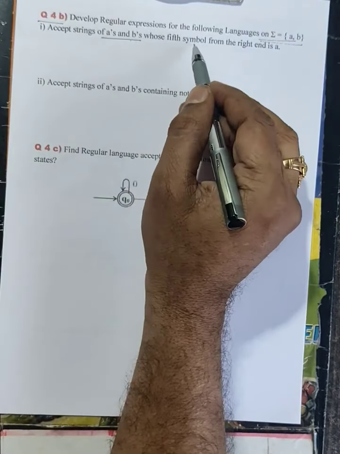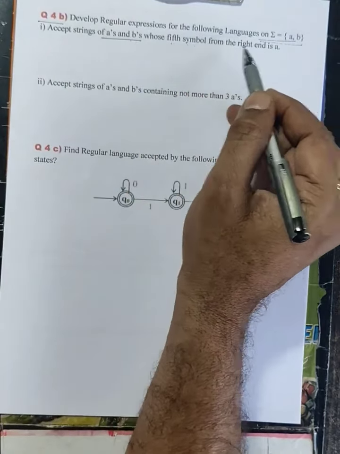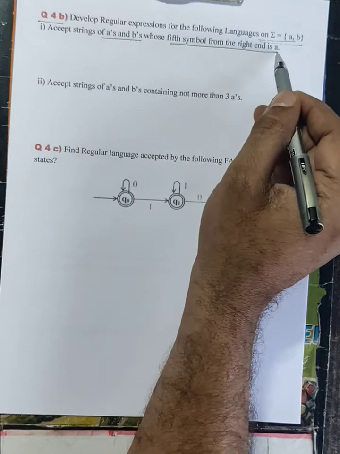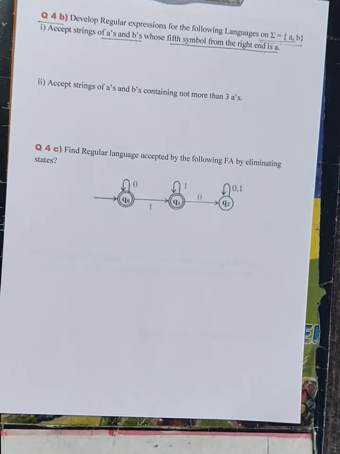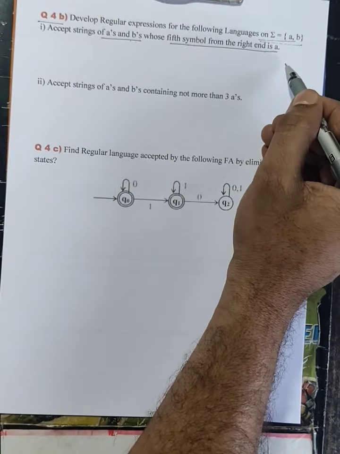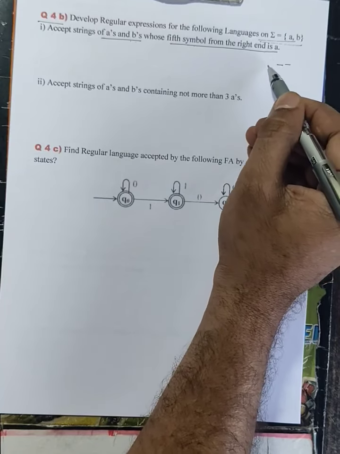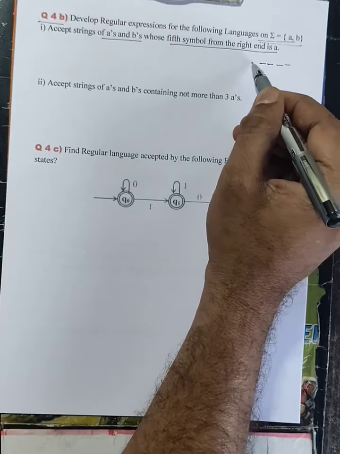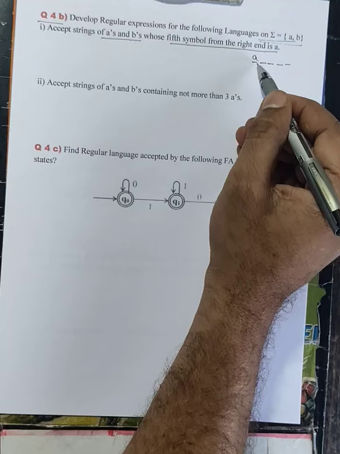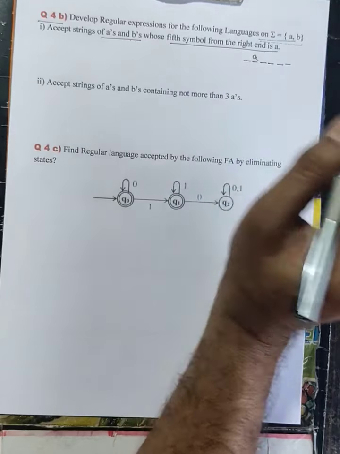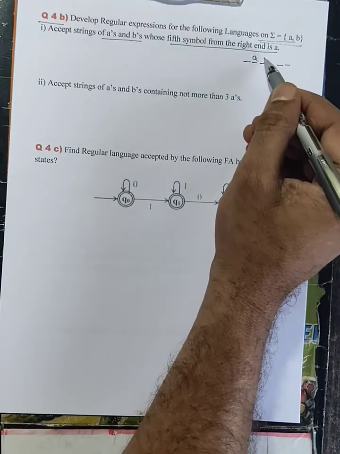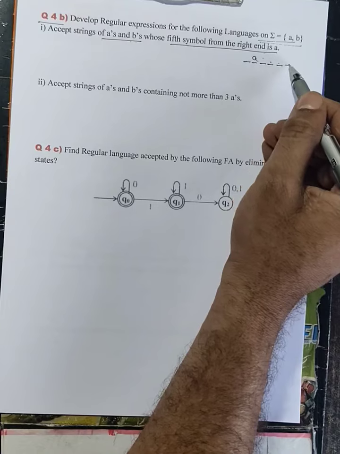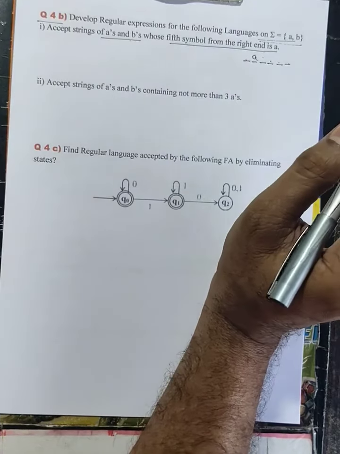Whose fifth symbol from the right hand is a. From the right hand, fifth symbol: 1, 2, 3, 4. Fifth symbol is a, and before this you can take anything, meaning a or b, a or b, a or b, a or b, and before this any combination.